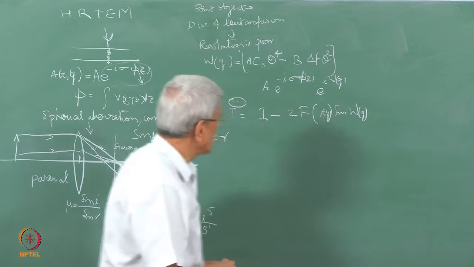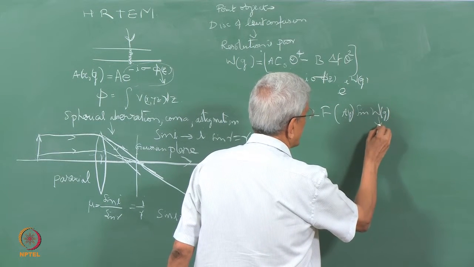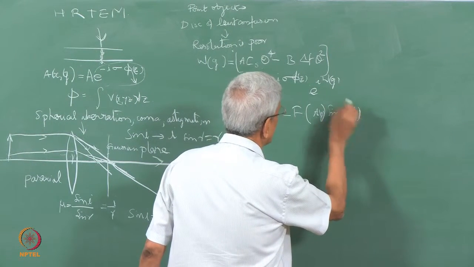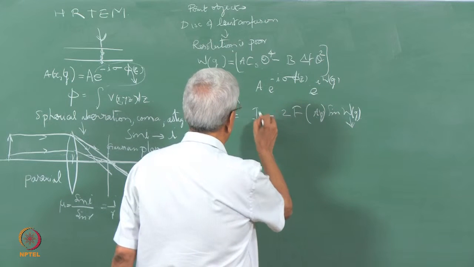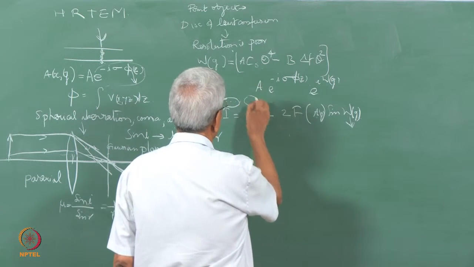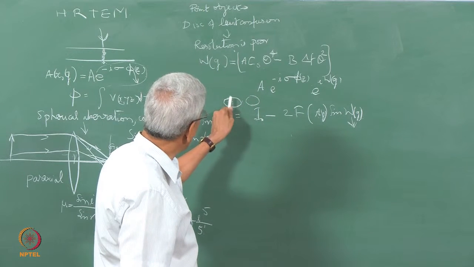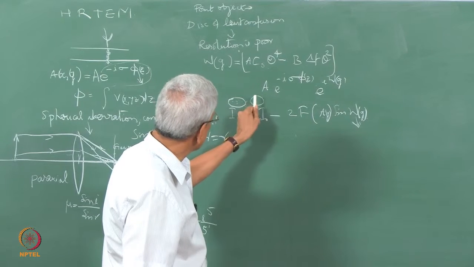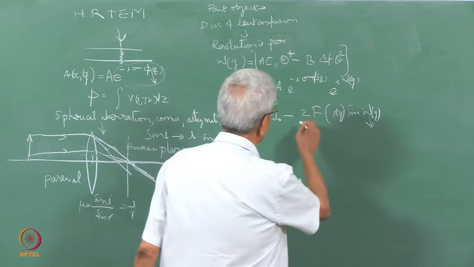If this term is very small, in the sense that almost all the terms have the same sign, sin Wg, then all of them will try to add to the contrast or subtract from it. So in the high resolution image, the contrast is enhanced or decreased. Either way, it brings about a variation in contrast, and that is the contrast which we observe as dotty contrast in the image, which we have seen in many of these pictures.